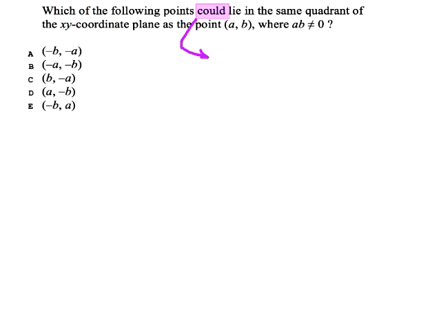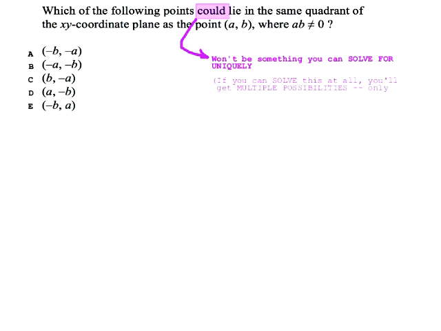So either it's going to be one of several cases, or it's not going to be something that you can solve for explicitly. At least not uniquely. If you can solve this at all, then it'll be one of several cases. You'll get multiple possibilities, only one of which will actually correspond to an answer.